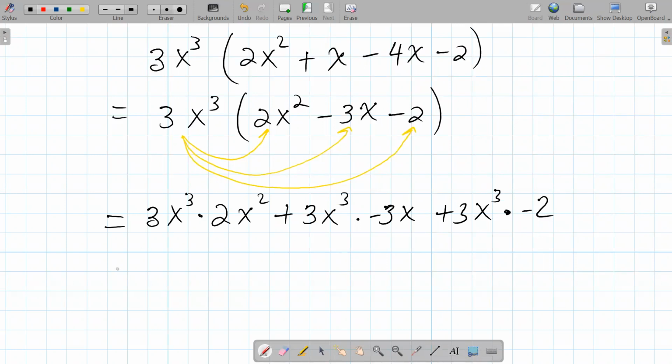Look at the way things are written here. So we are looking at this way, we're looking at this way, and we're looking at that way.